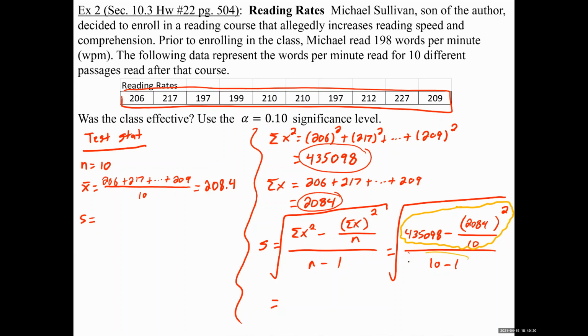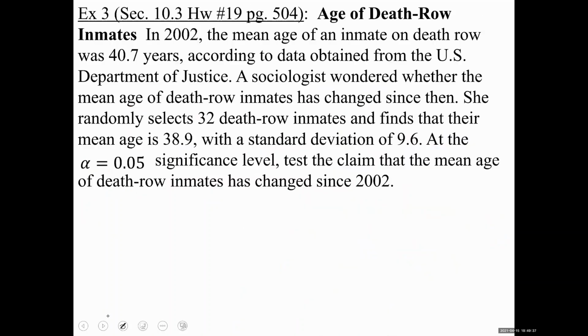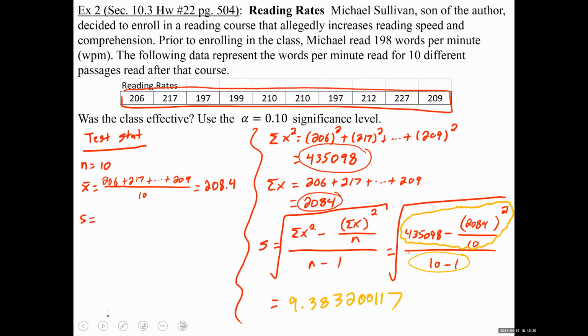Then you divide by 9. Don't type 10 minus 1, type 9, divide by 9. Now the answer is 88.044444. Then you take the square root of the second answer, and the answer I'm getting is 9.383200117. I don't think it's a good idea to round this number, so I'll go ahead and write down this whole thing here.